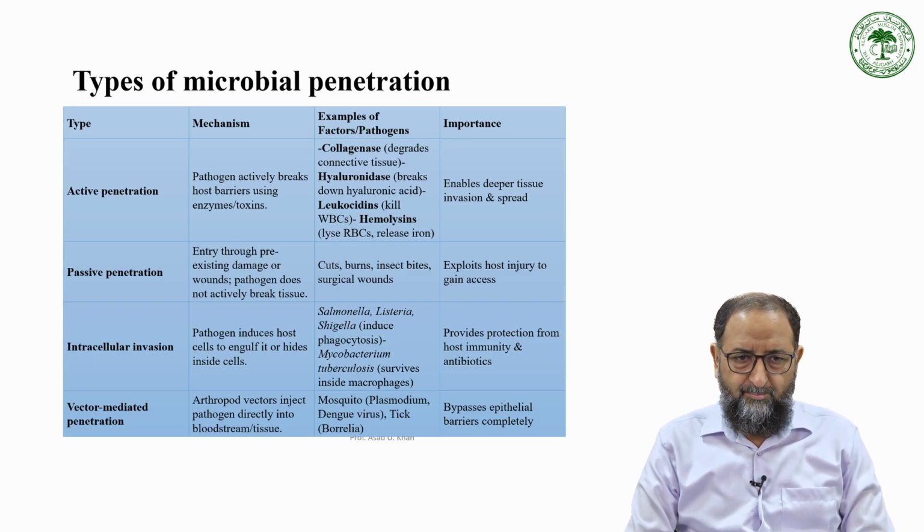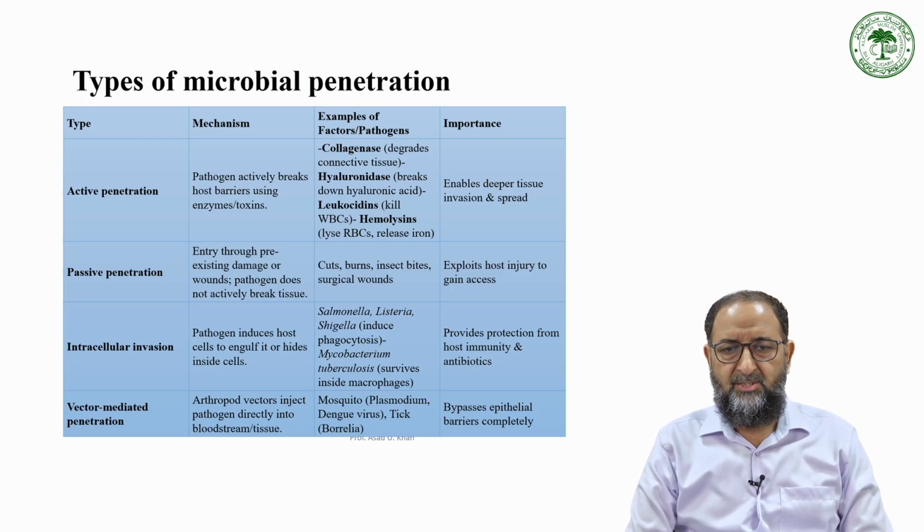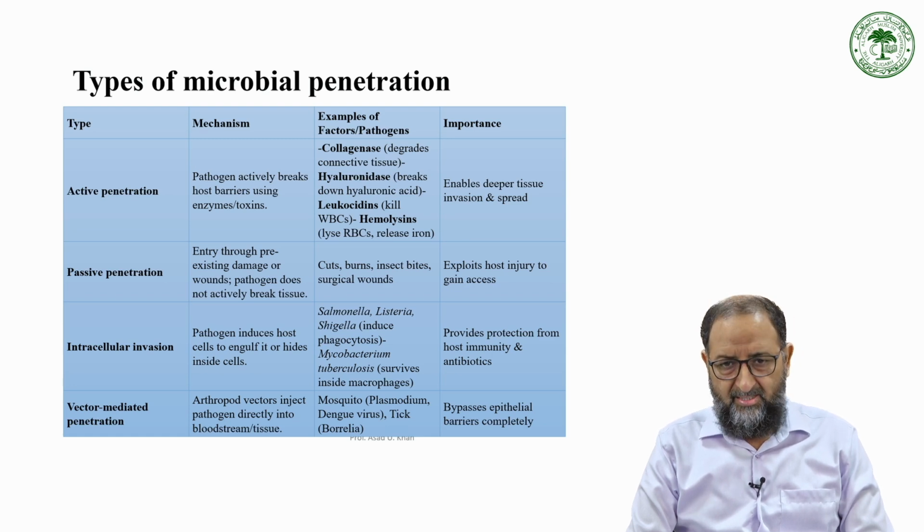Vector mediated penetration. Now, vector mediated penetration involves arthropod vectors, which inject pathogens directly into the bloodstream and tissue, for example, mosquito. Malaria is caused by Plasmodium, dengue is caused by dengue viruses, and Borrelia is carried by ticks.